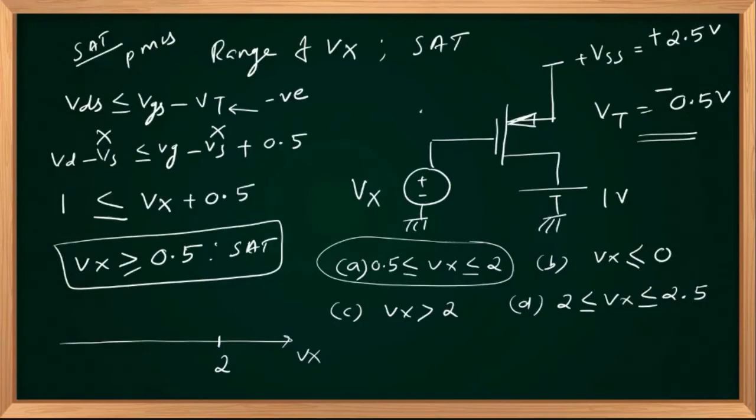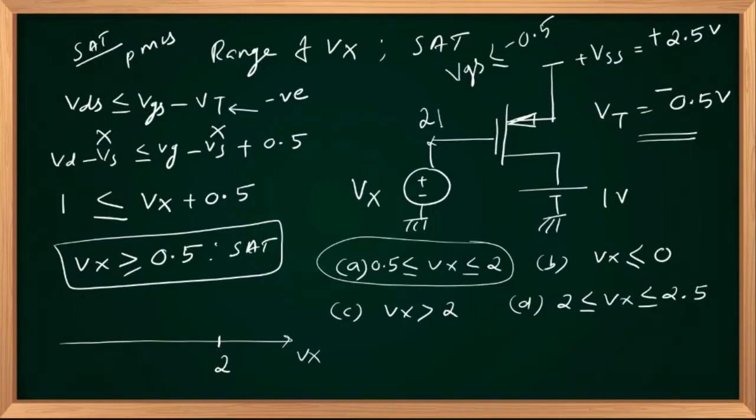If Vx is greater than 2 volts, VGS should always be less than, it's a p-channel device, so VGS should be less than or equal to minus 0.5 always. If VG is 2 and VS is 2.5, VGS will become minus 0.5.